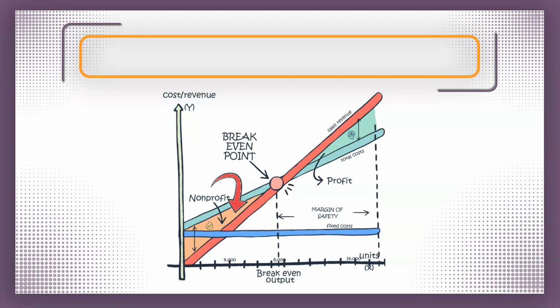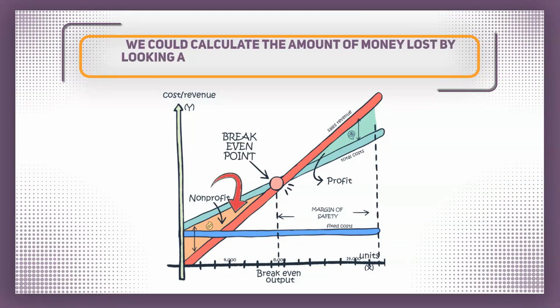If the output sold was actually to the left of the break-even point, on the other side, well, this would mean that they're making a loss. We could calculate the amount of money lost by looking at the gap between, again, the green total costs line and the red total revenue line.